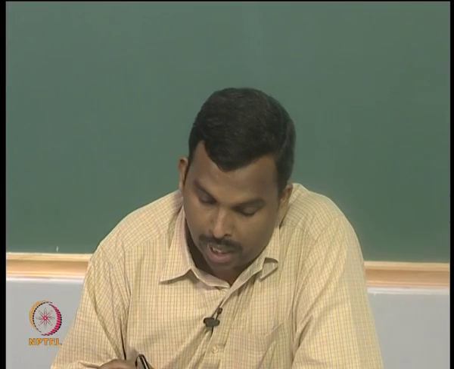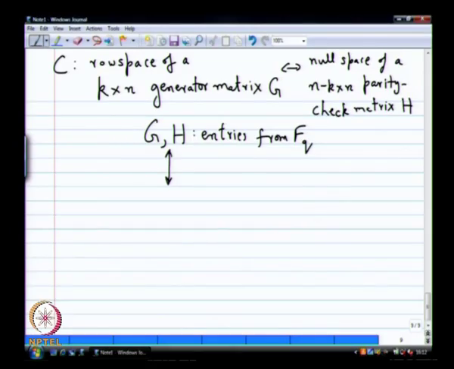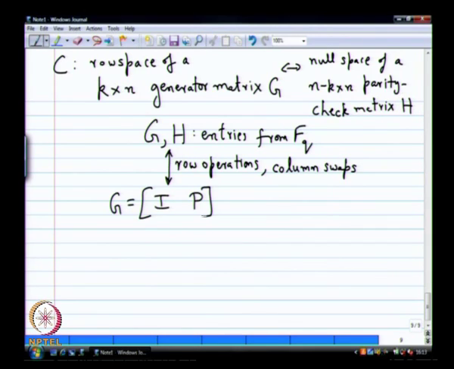Okay. So, what you can do is start with G and H and do row operations, basically the Gaussian elimination operations, and column swaps and end up with what is known as a systematic version. So, G becomes [I P] and H in this case, you can go back and check this, will become [minus P transpose I].